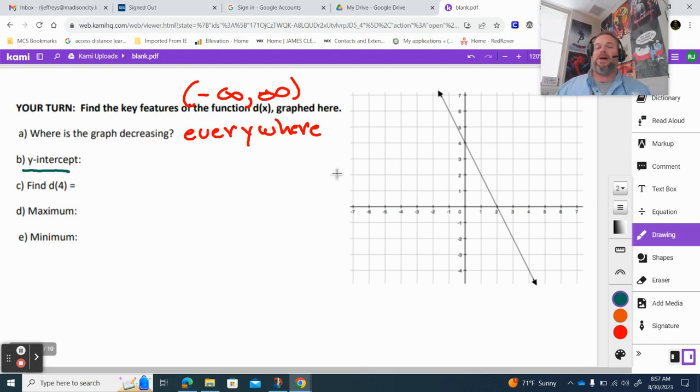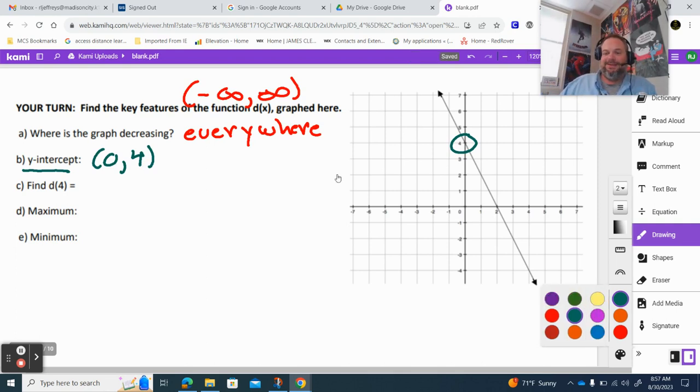Y-intercept. What is the Y-intercept? Okay. All right. Where does D?